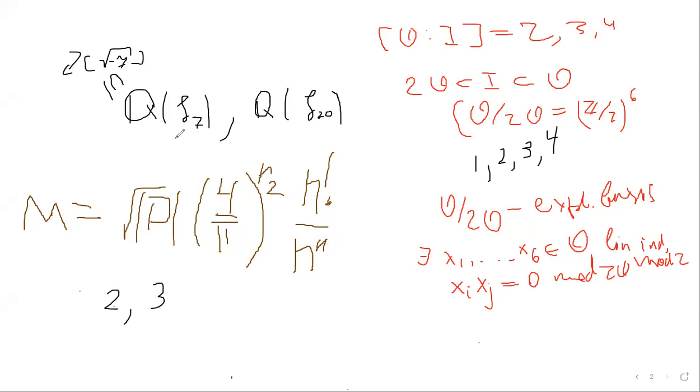So we need to check whether 2 and 3 split in this. If they split even in this, then they split out here. So if it splits in this, then we fail, I think. Well, it depends.